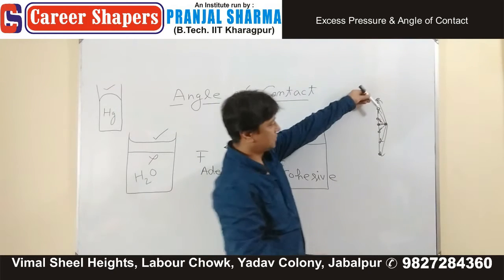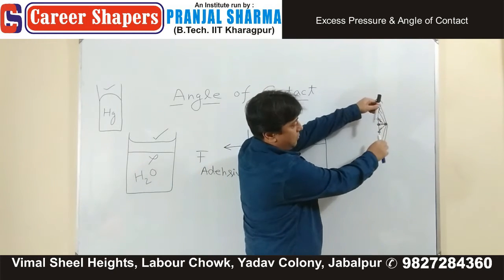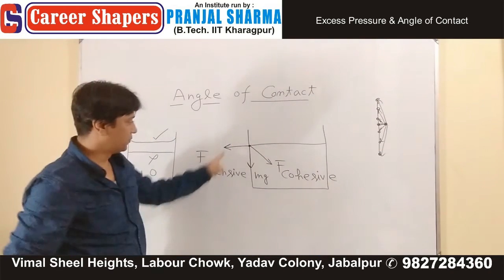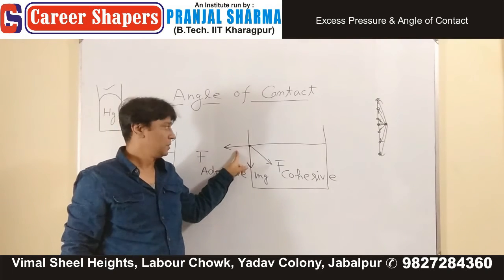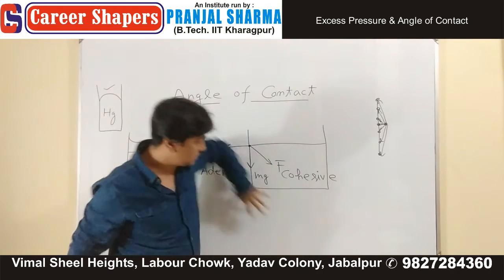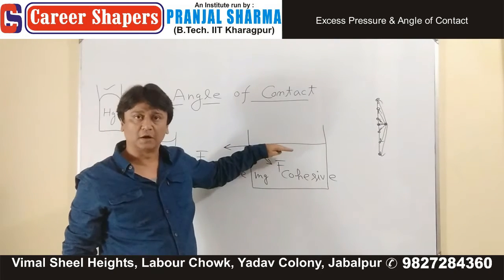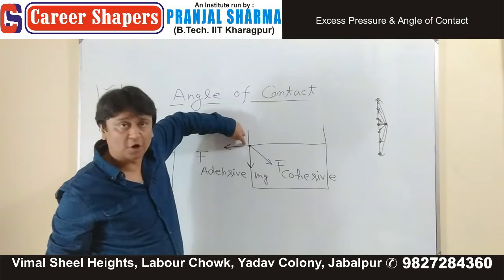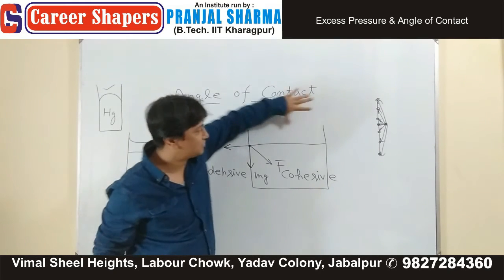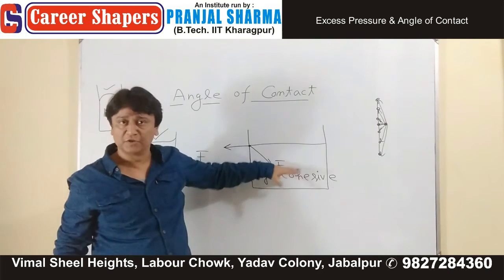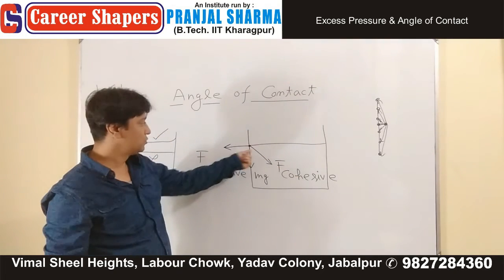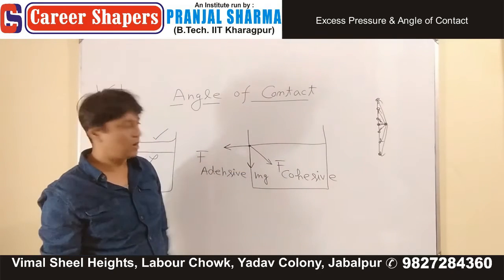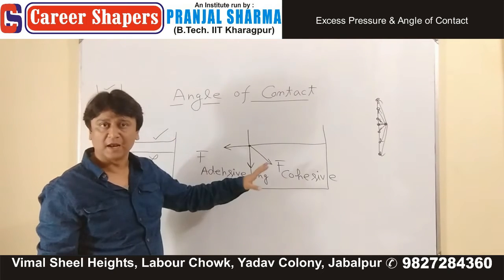So if you have a force like this, you know that vertical components will be cancelled, only horizontal components will survive, and therefore this. But force coming from the water is not in the horizontal direction, because at the corner, if molecule is at the corner, there is no liquid present in this region. Liquid is present only in this region. And that's the reason you show adhesive force in this direction, cohesive force at some angle, and mg downwards. This is true for any liquid.